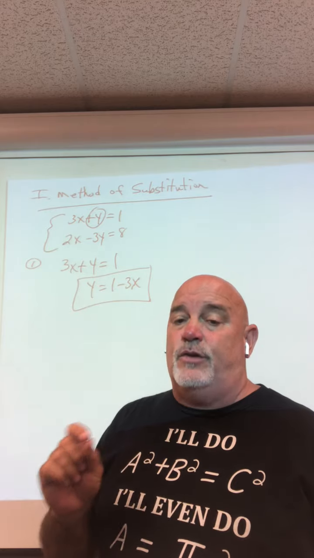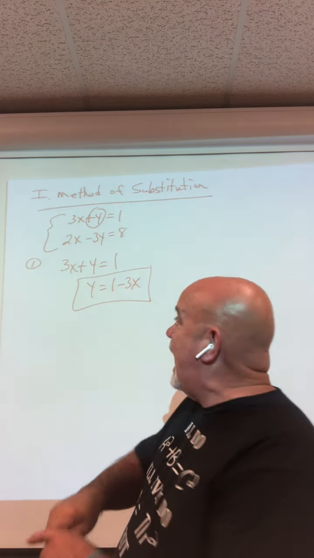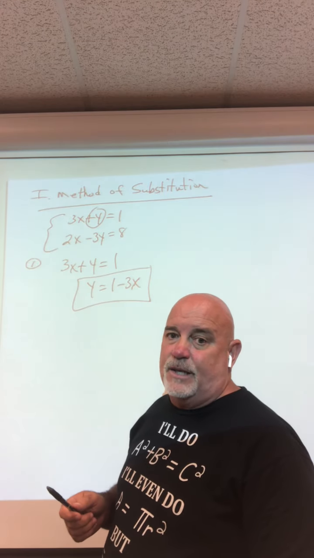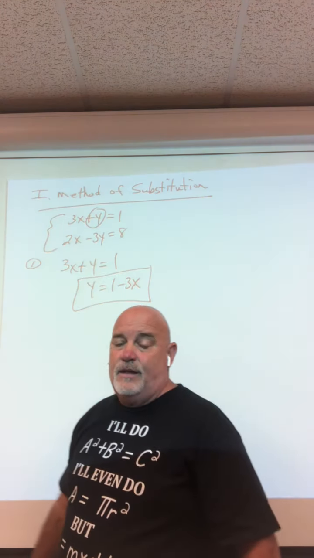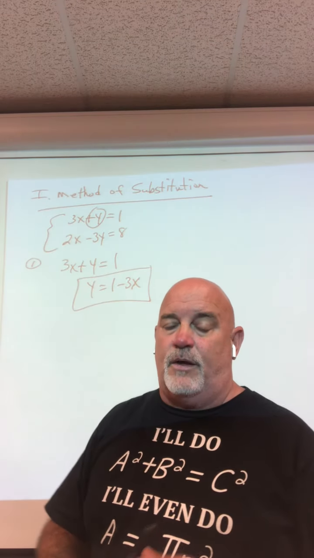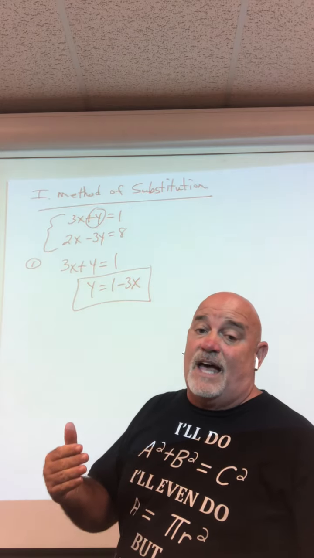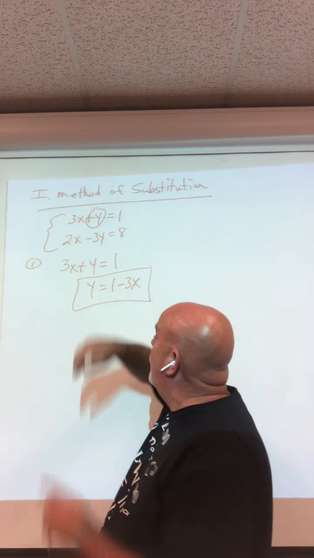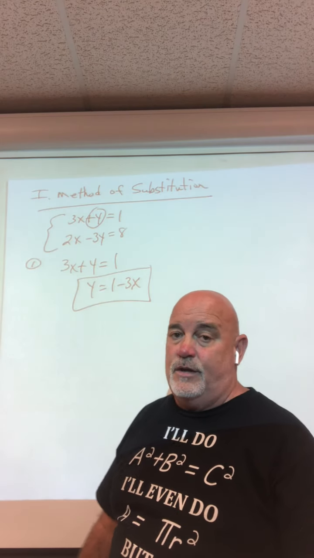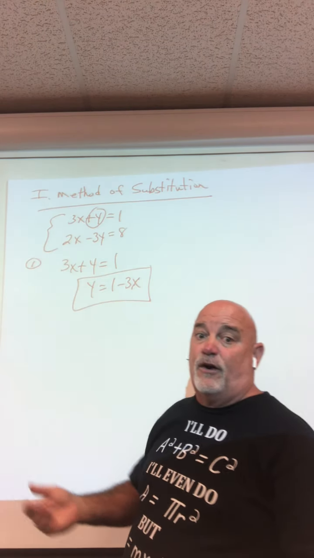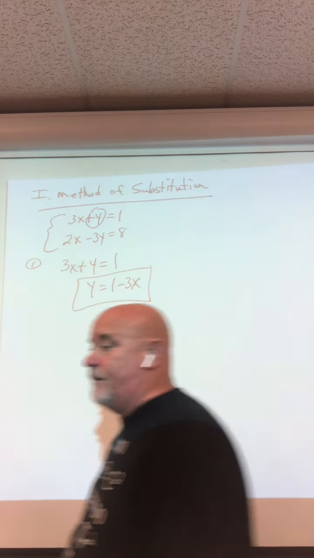If I ask you to do it by substitution, one of them will. I would not ask you to do this by substitution if this was a 3, a 2, a 5, and an 8. I will make sure that one of them has a 1 in front of it. As a matter of fact, sometimes in substitution, one of these equations is already solved for one of the letters. That really makes it easy because your first step is done for you. All right, so that's the end of the first step.